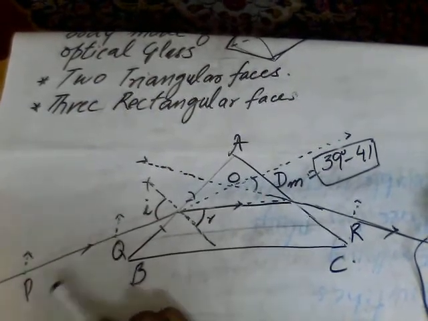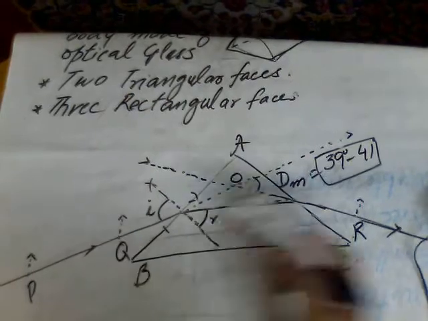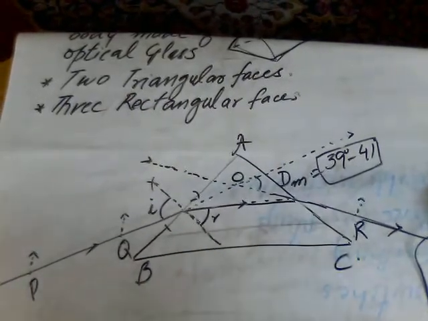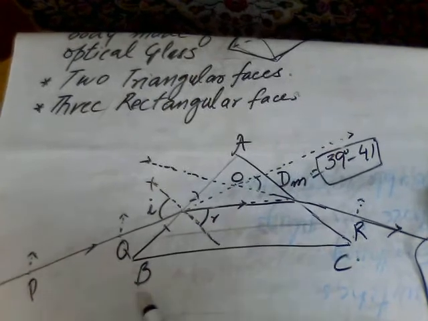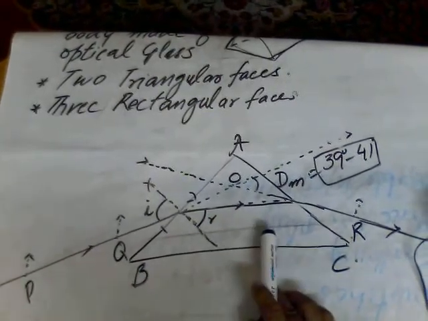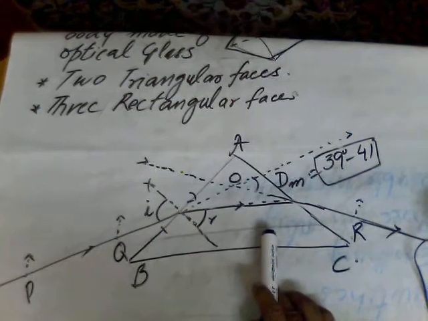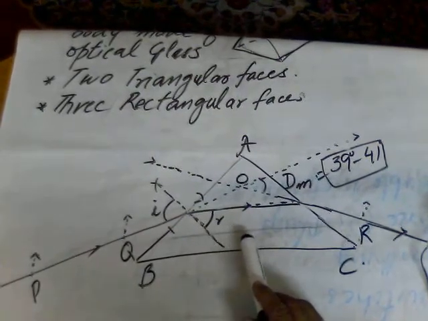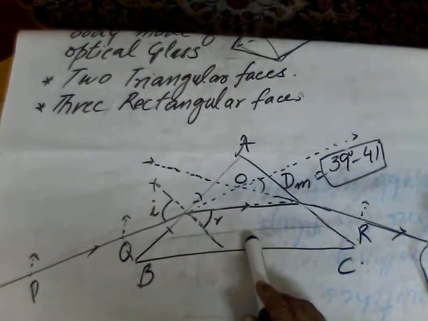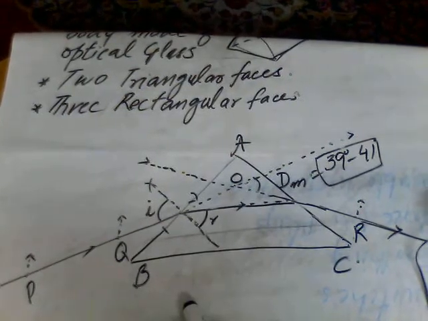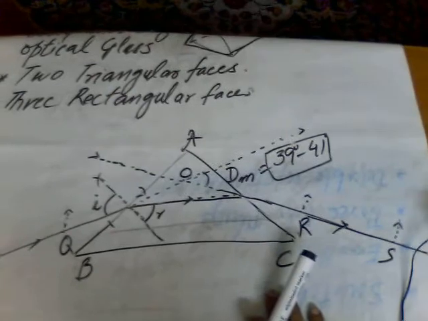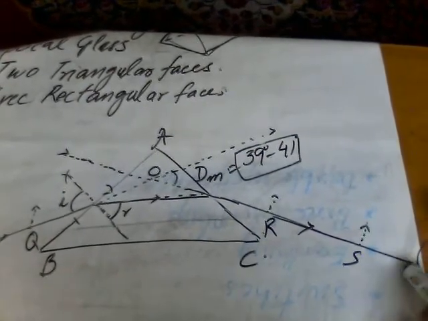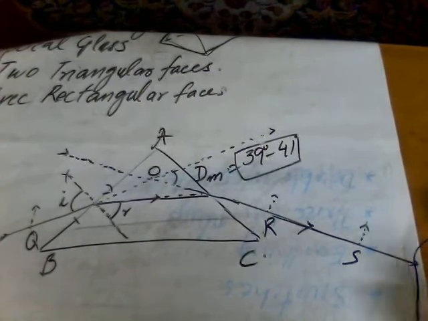We insert two pins with at least 5 to 6 centimeter distance between them. Again we place the prism, one of its triangular faces on this drawing board. After this, we locate the images of these two pins.